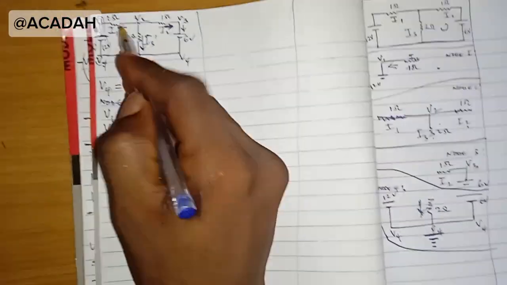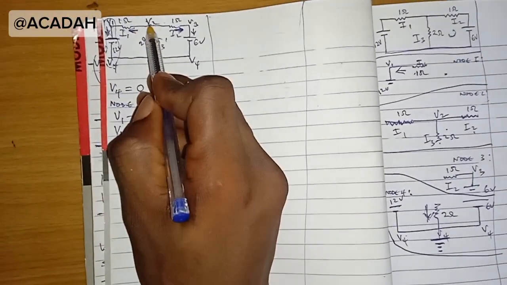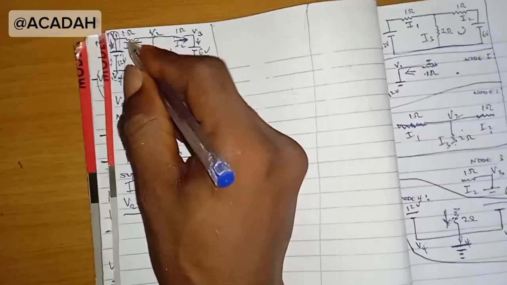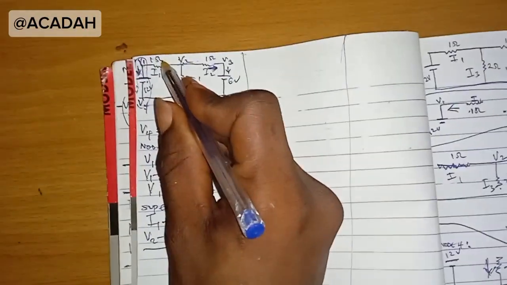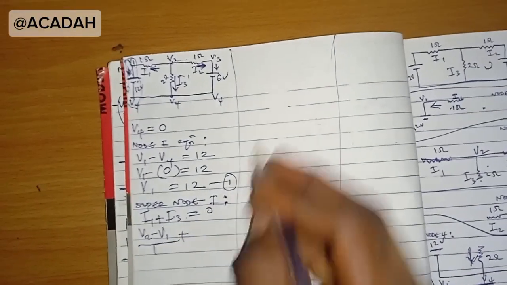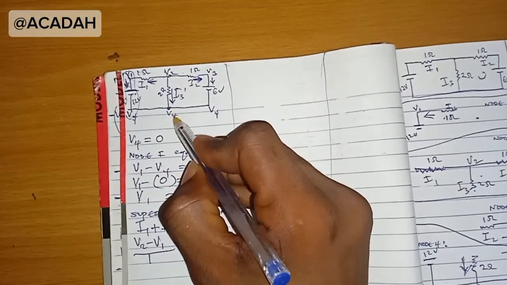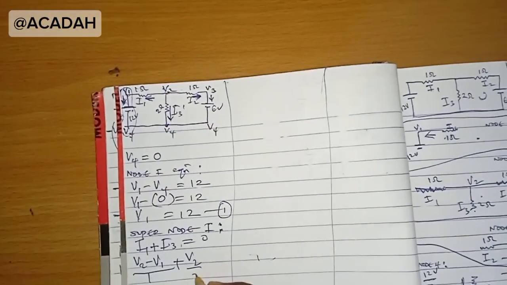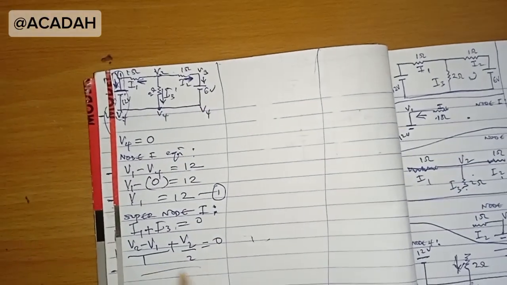And I1 is in between V2 and V1, moving from V2 to V1. So it's going to be V2 minus V1 all over the resistance there, which is 1. Plus I3 is in between V2 and V4, and V4 is 0. So V2 over the resistance there, 2, equals 0. The LCM is 2.